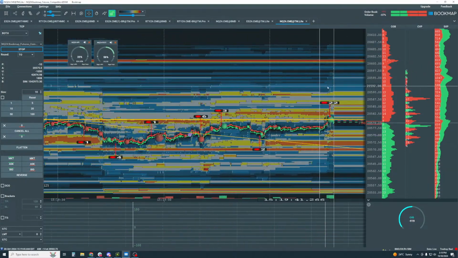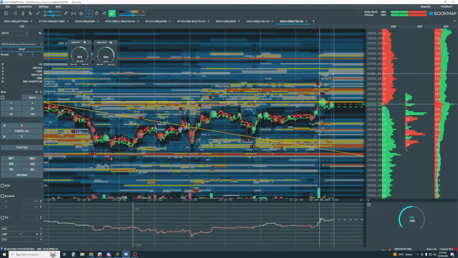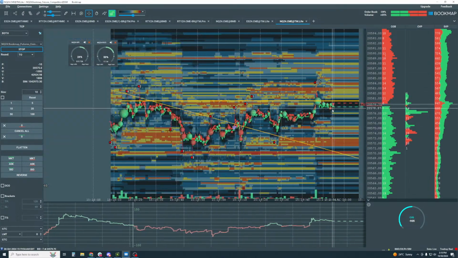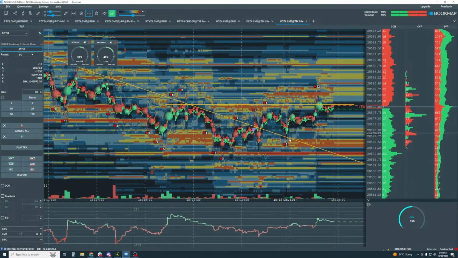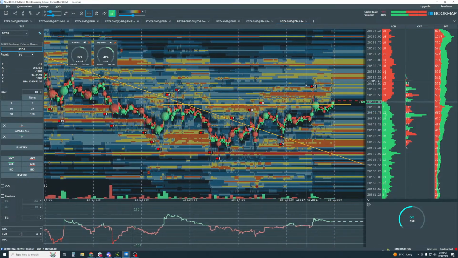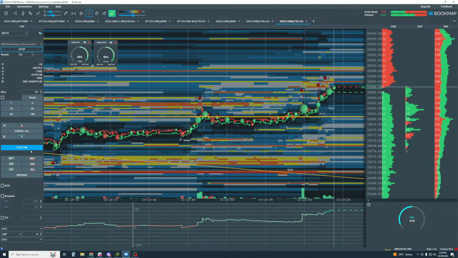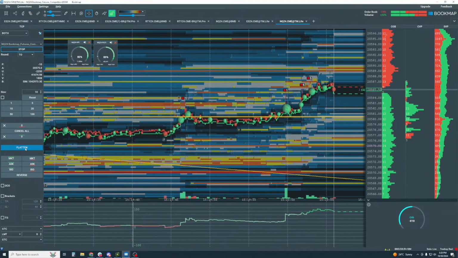Okay, so we're getting a test up there. And if that's the case, then I'm going to exit it. This is not what I was looking for. I'm looking for this to hold and looking for momentum here. We're going to have to just get out of this here.